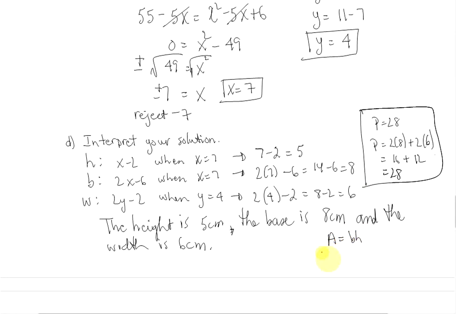I know the area is 5y. So y is 4. And that should equal my base times my height. And my base is 8 times 5. That doesn't work.